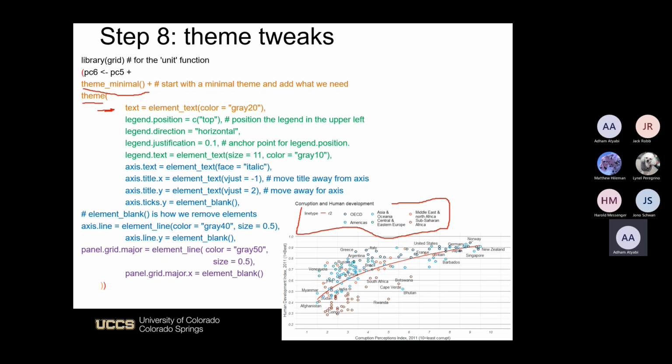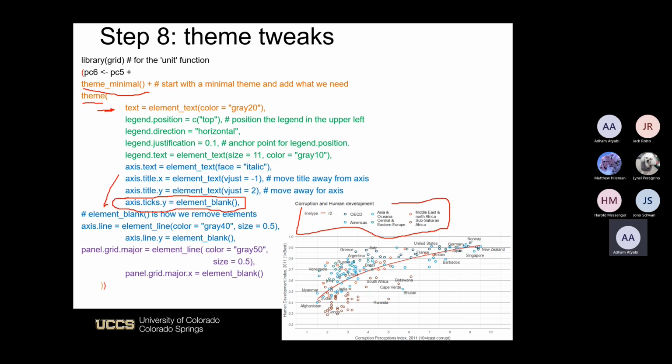Then we are setting the axis text font to italic. In the axis title X, we are moving the title away from the axis, and we are doing the same thing for the Y axis by setting the element text. And then we are also resetting the axis ticks Y to element blank, so getting rid of the ticks.